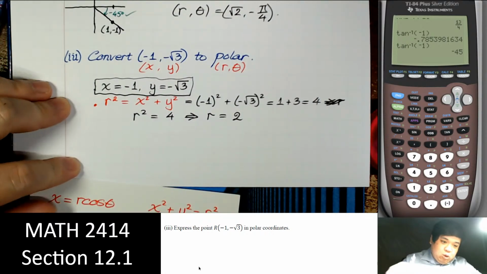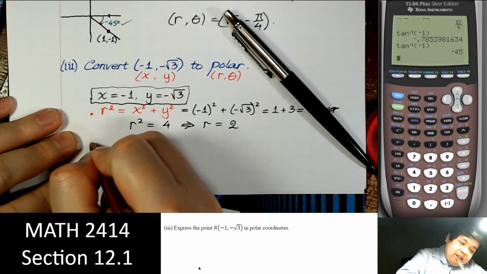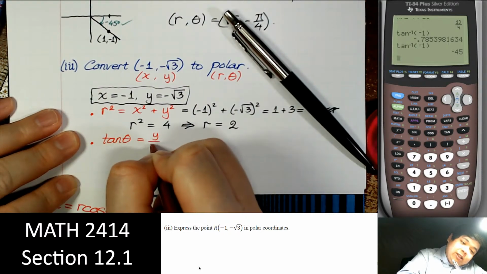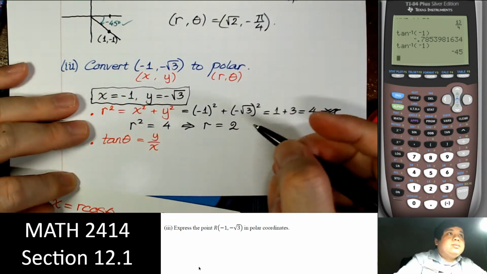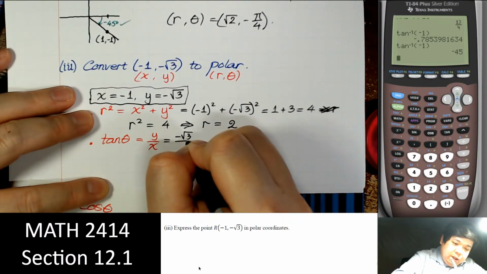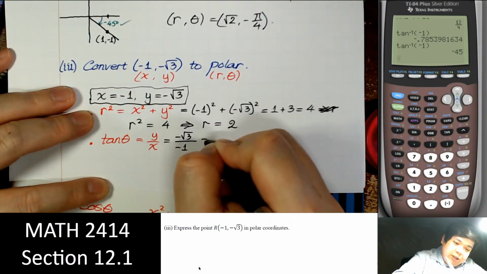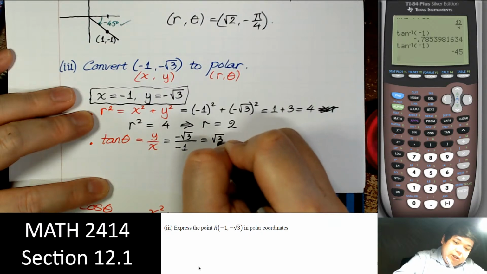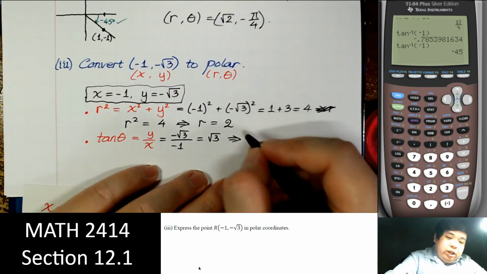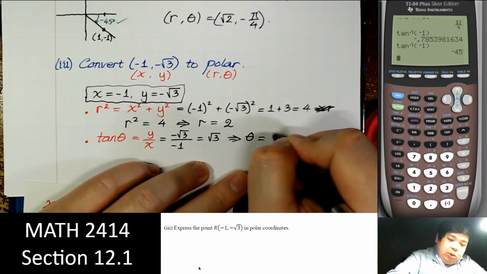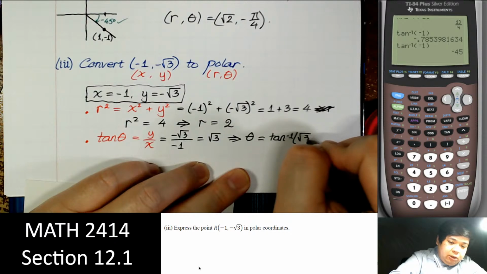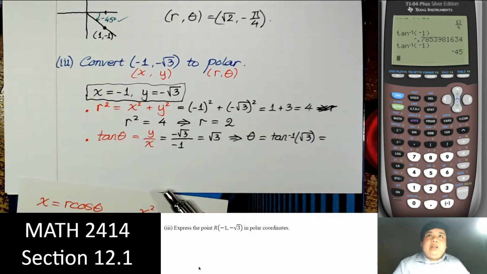Now, the next one is less obvious. Tangent is y over x, negative square root of 3 over negative 1, which is square root of 3. Now if tangent is equal to square root of 3, to get back to theta we do tangent inverse.